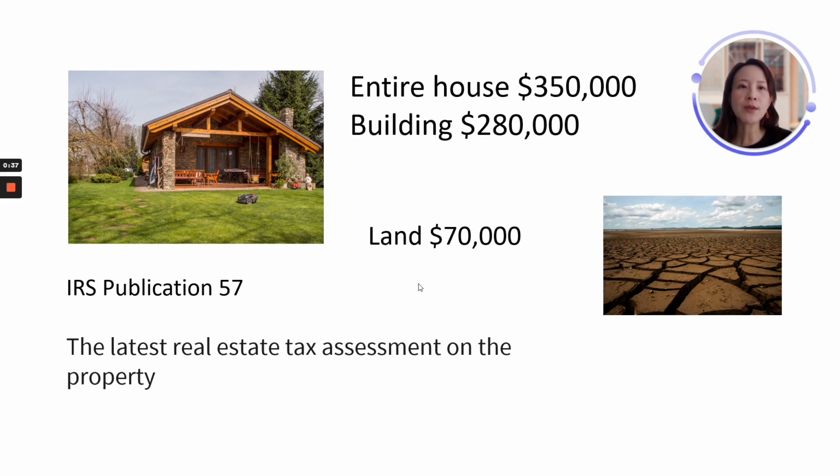If you want to look into how to actually calculate it, you can take a look at IRS Publication 527. It will show you how you can get the latest real estate tax assessment paper and calculate your building and the land.